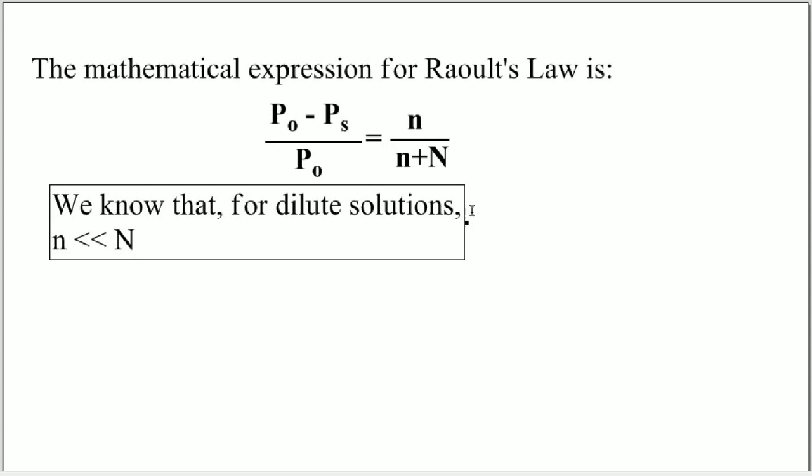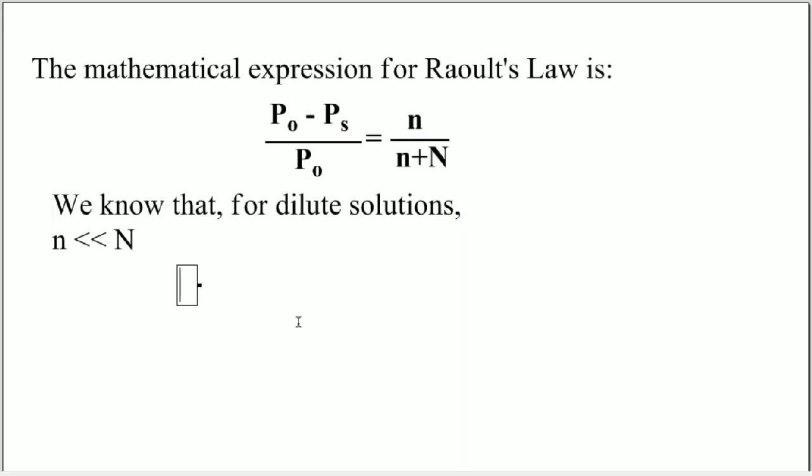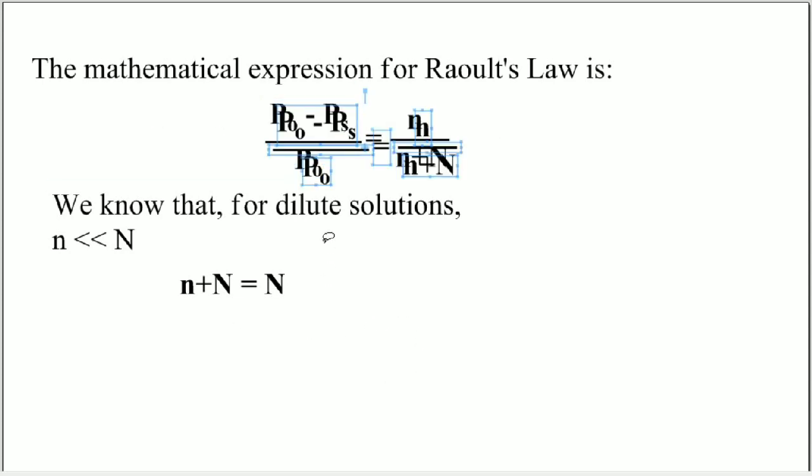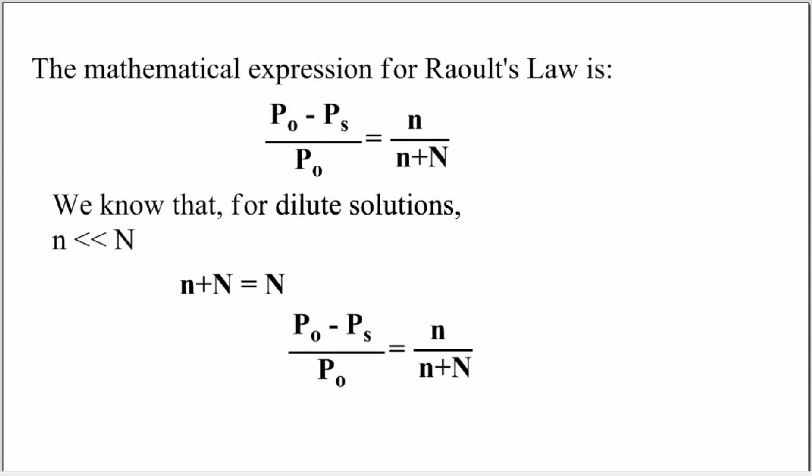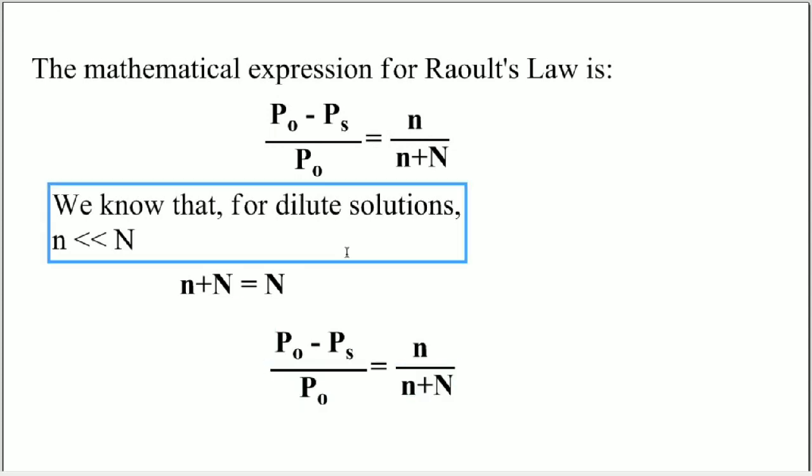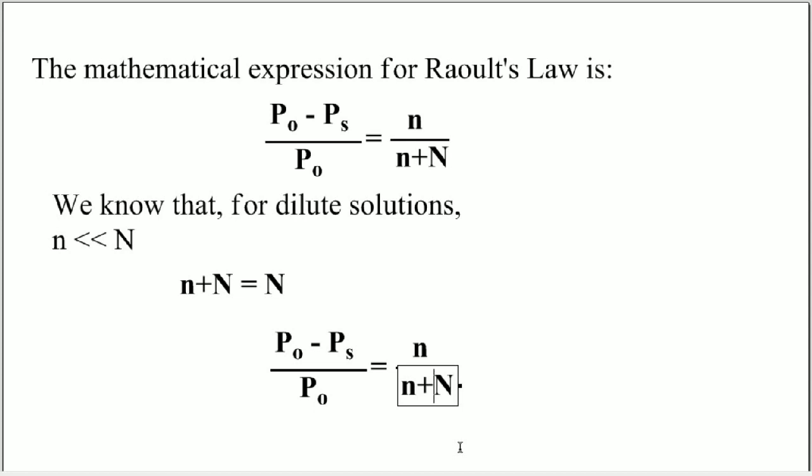Therefore, we can write small n plus capital N is approximately equal to capital N. Therefore, P naught minus PS by P naught, equal to small n by small n plus capital N, can be written as small n by capital N.